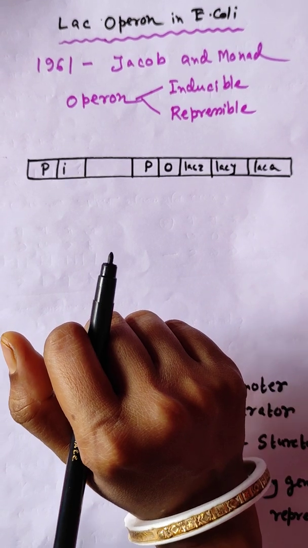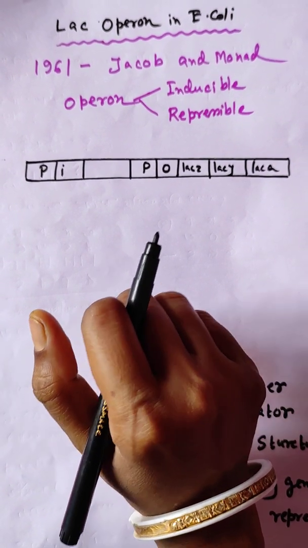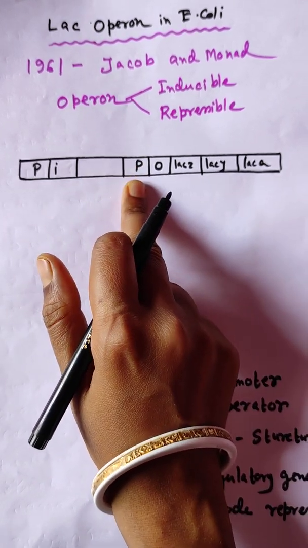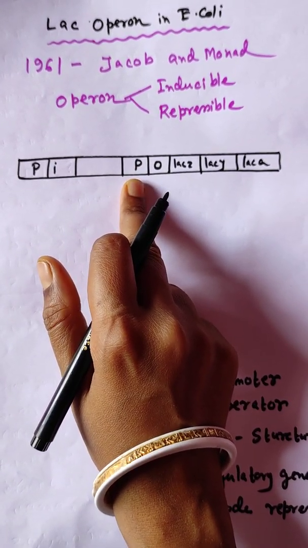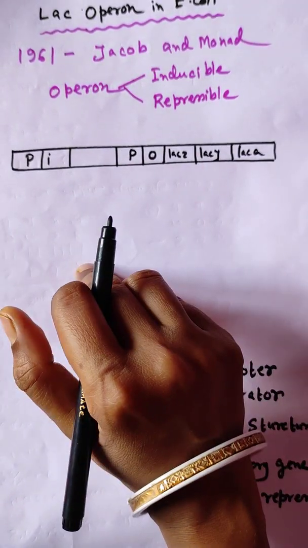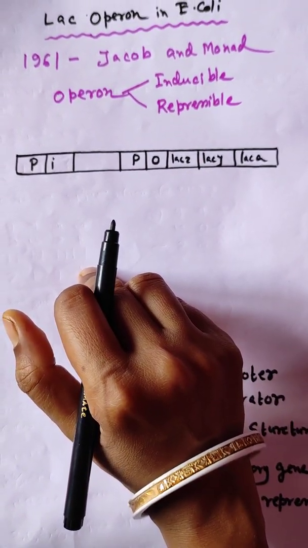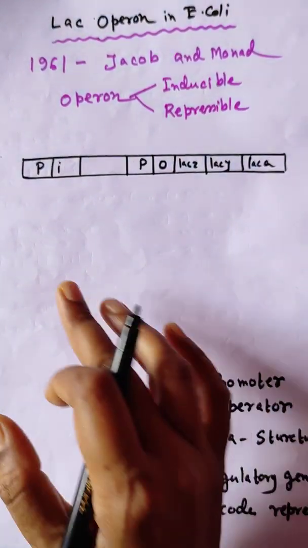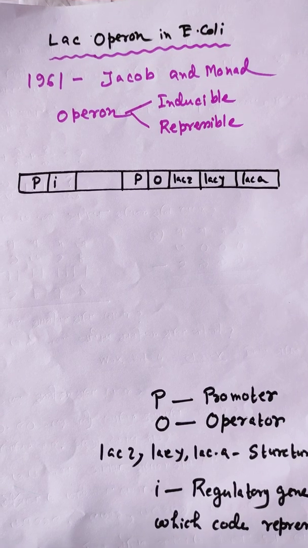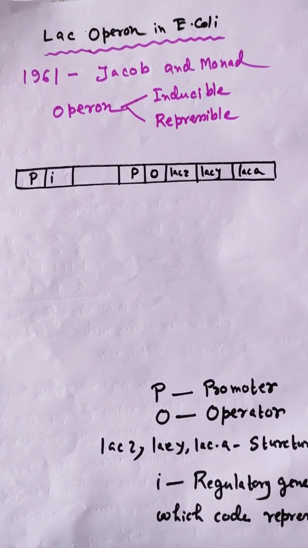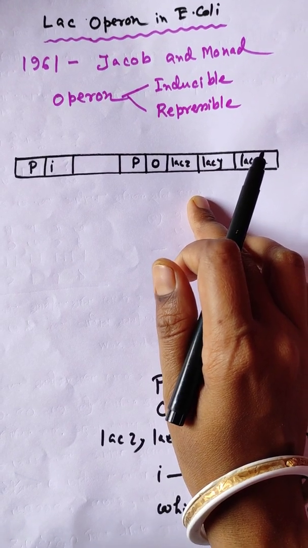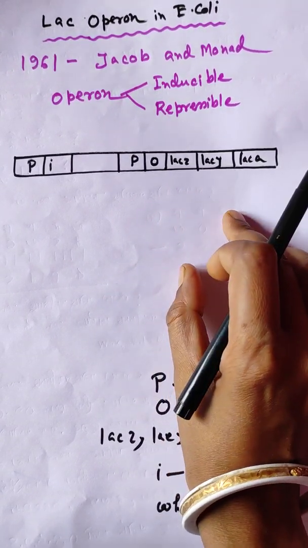Now what happens? RNA polymerase binds to the promoter, and these genes are transcribed. And by transcription, a number of proteins are formed.